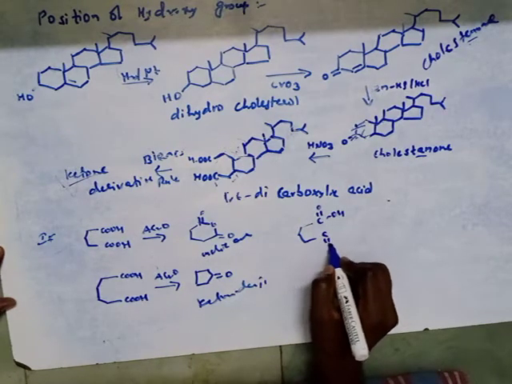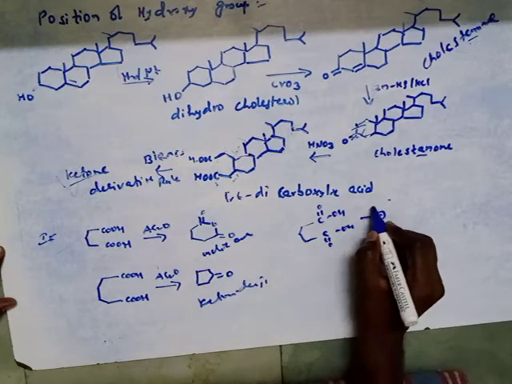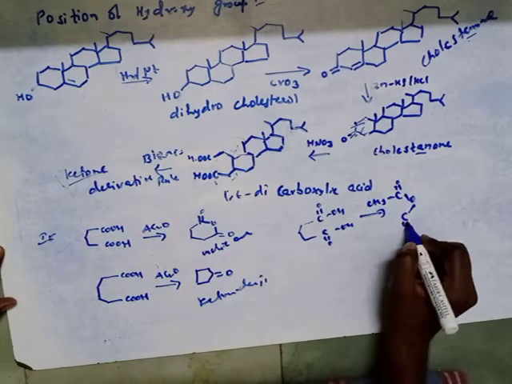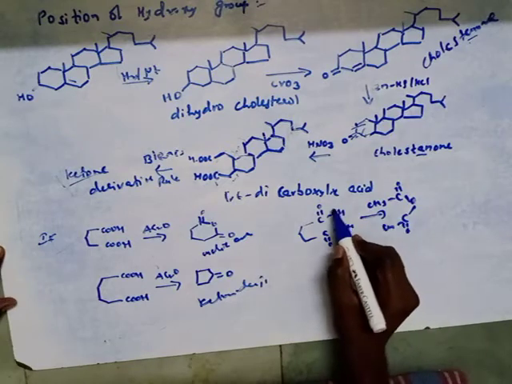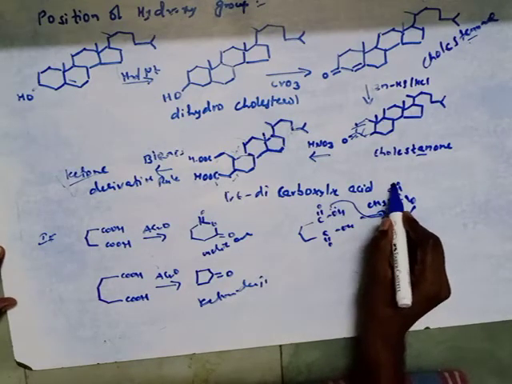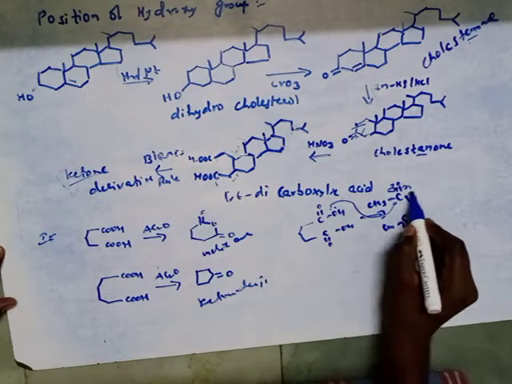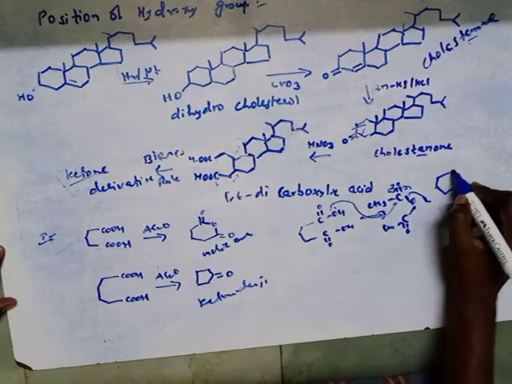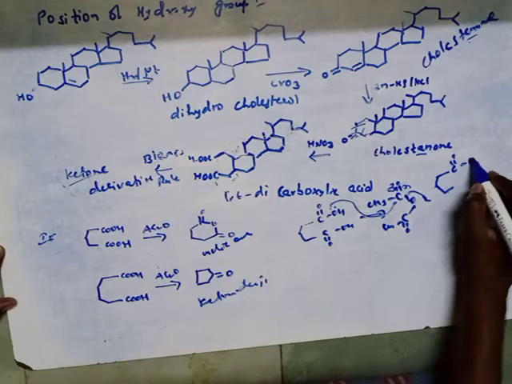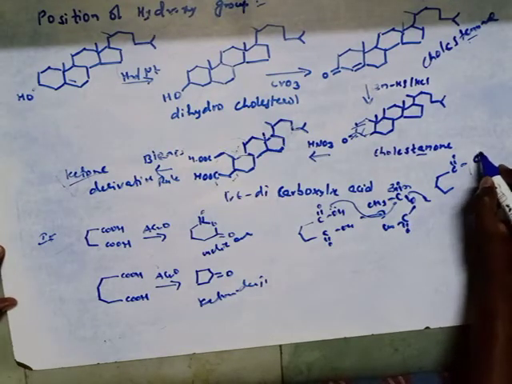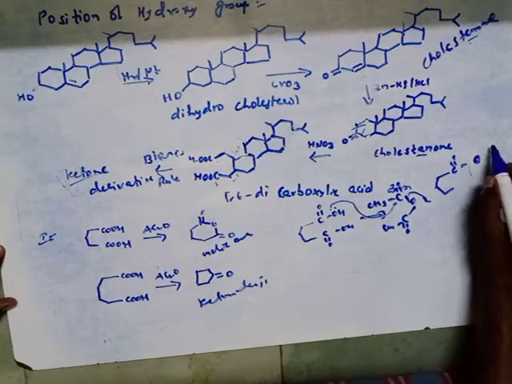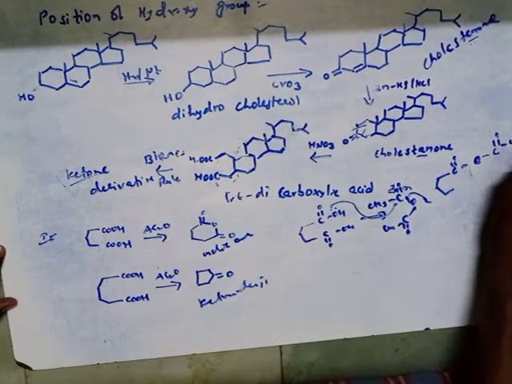Here C double bond OH and C double bond OH, and acetic anhydride. We know the formula for acetic anhydride, that is C double bond O and CH3. And this double bond moves here, then it will be converted into this. Just we know that, I will write fast. C double bond O and C double bond O, next C double bond O CH3.